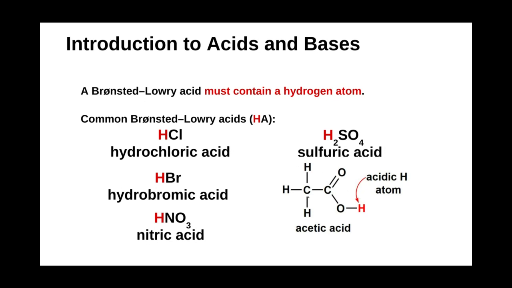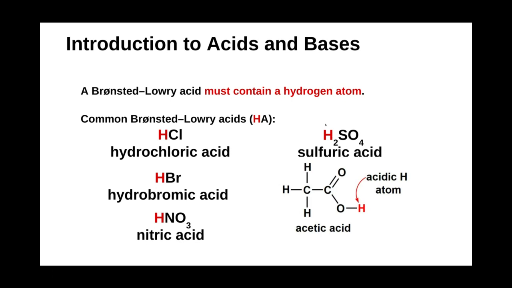HOOCCH3, right? So the acidic part of acetic acid happens to be just this hydrogen atom. It's not all the hydrogen atoms, because these hydrogen atoms are in a stable relationship with this carbon, but this one that's bound to an oxygen is not in a stable form. So you can have multiple hydrogen atoms attached to one given Brønsted-Lowry acid, but only one of them is going to be acidic.